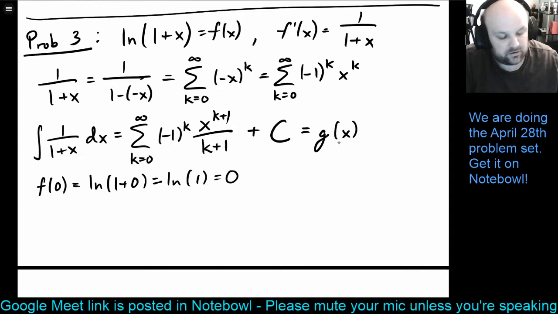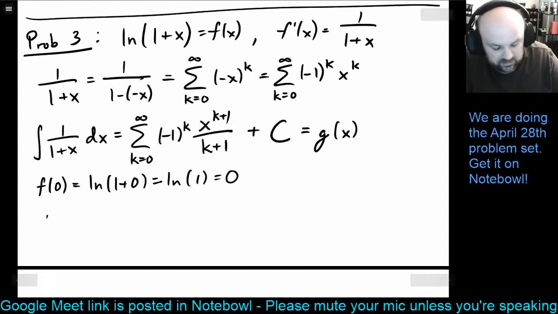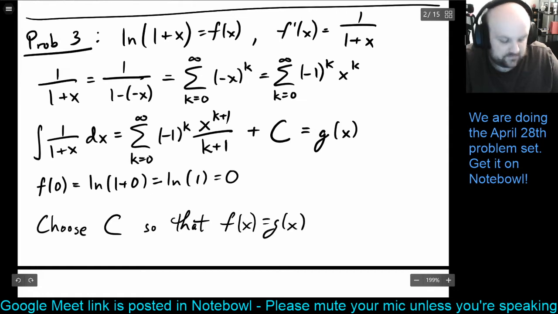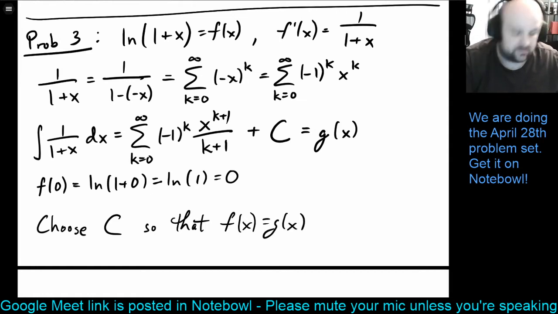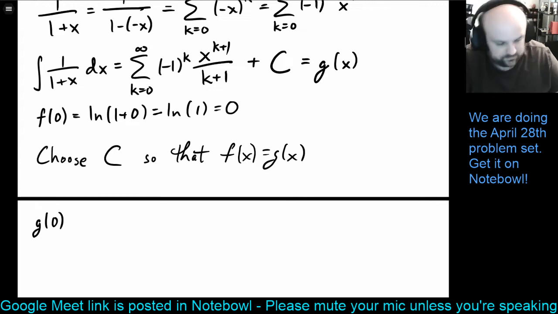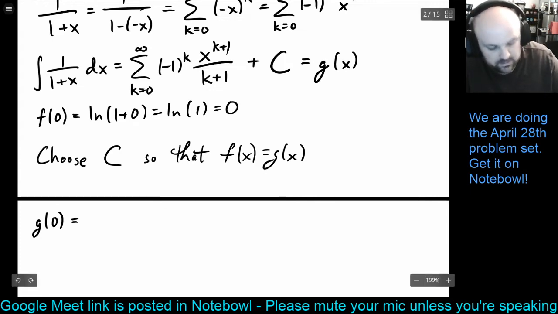So we want to choose c so that f of x equals g of x. Right? That's our goal. So in order to do that, we plug in 0 to g and try to get the same answer.